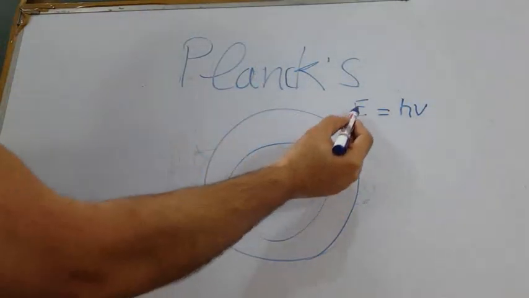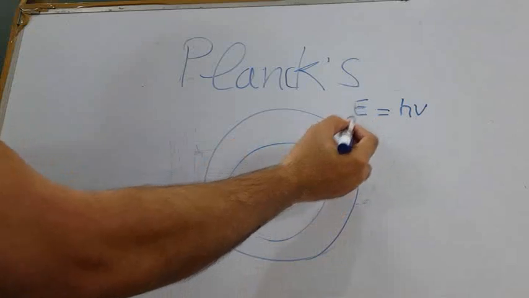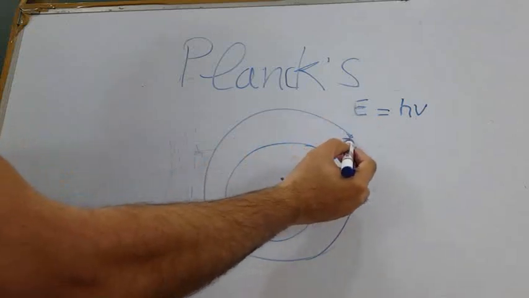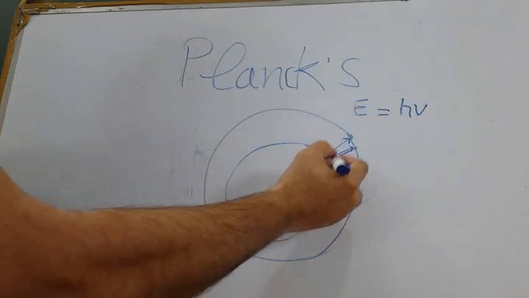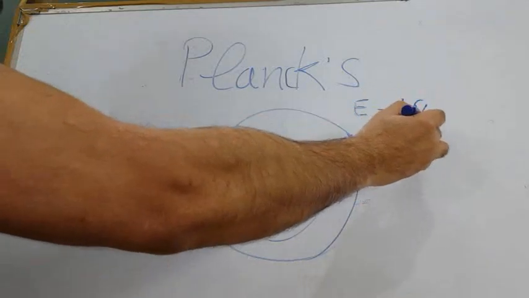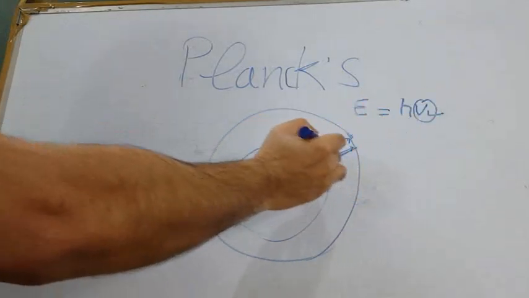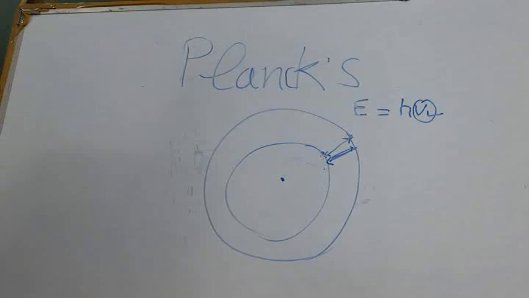That is why if this amount of energy change is there between this and this orbit, then this frequency shall be emitted by the electron. Let us discuss Bohr's postulate in detail.